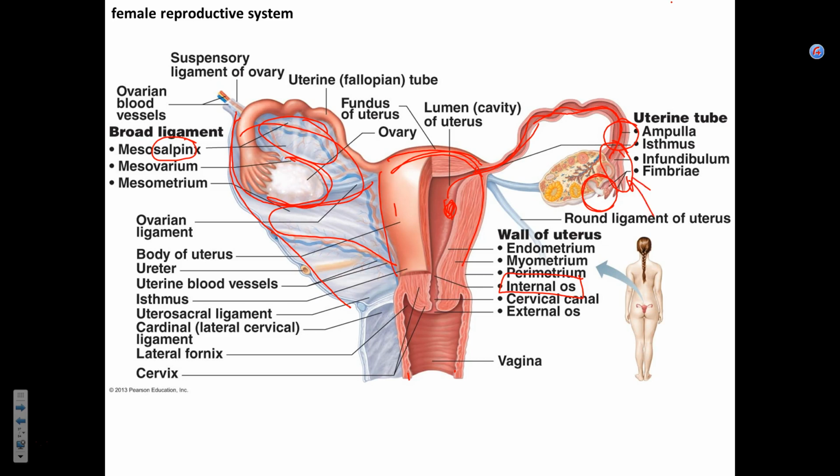Fimbriae of fallopian tube, they move, and basically they do this. They, quote unquote, embrace the follicle and bring it in. And if it ends up in the fallopian tube, then it can be fertilized. Can it get lost in the abdominal cavity?